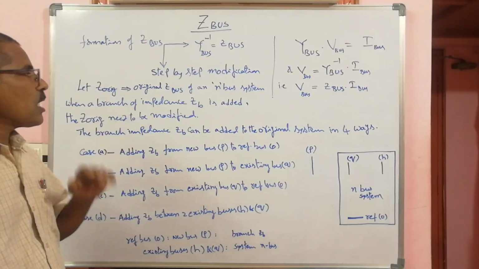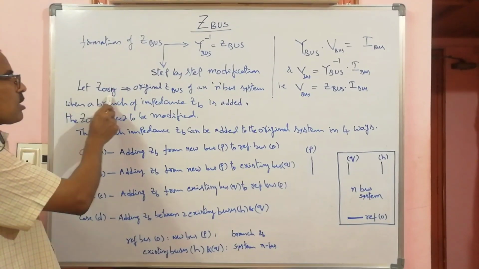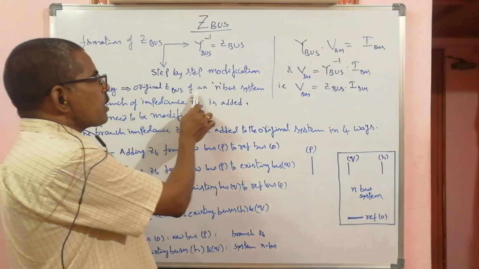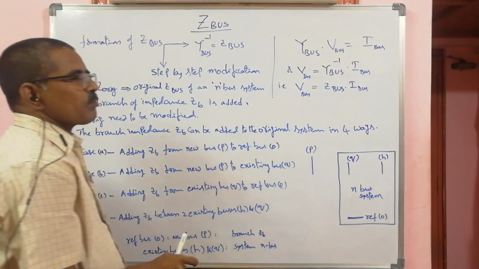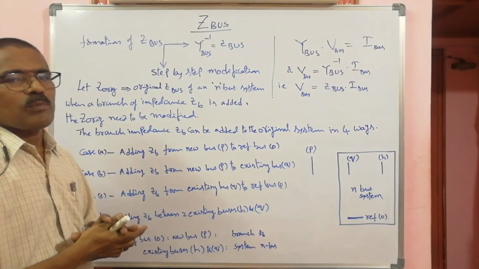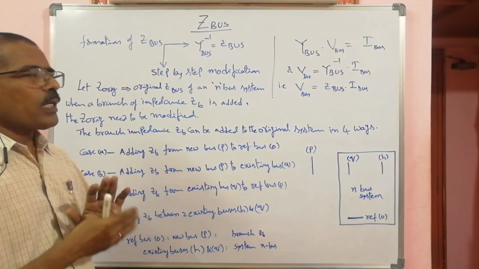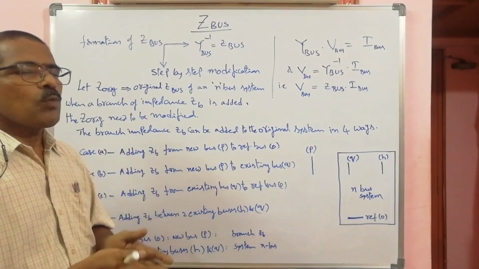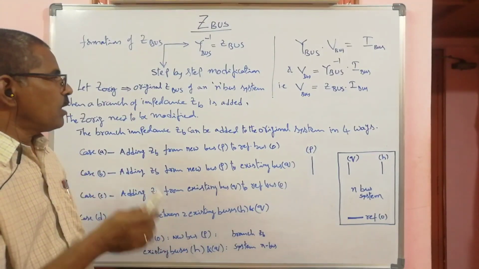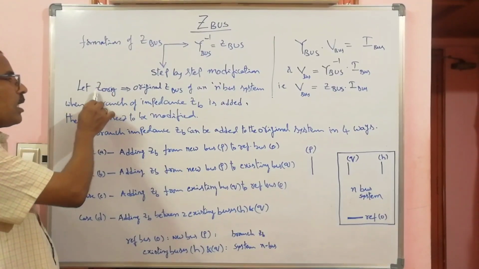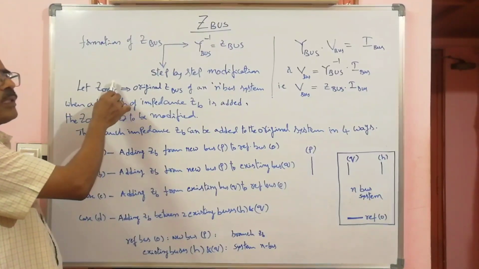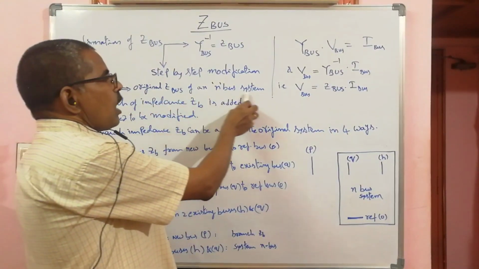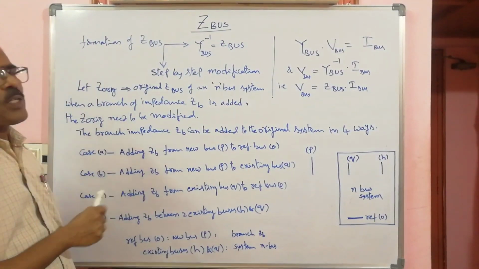So suppose Z original is the original Z bus matrix of an n bus system. For that n bus system, Y bus will be n by n, similarly Z bus is again n by n, and to start with, let us say Z original for the system is of n by n dimension.